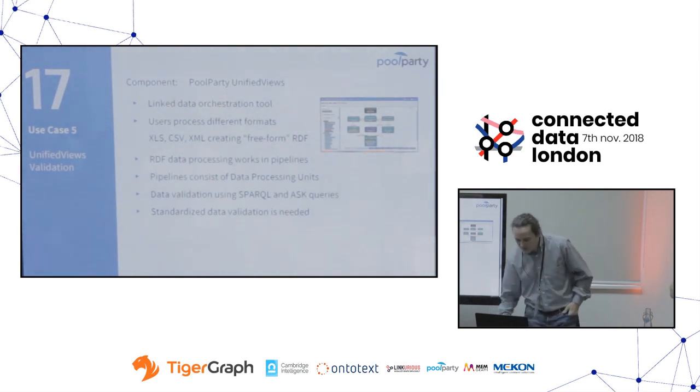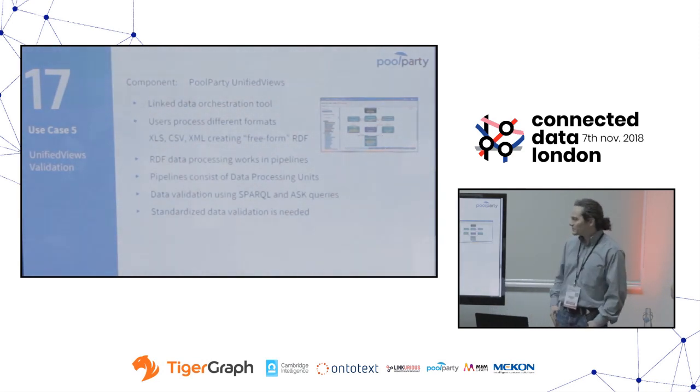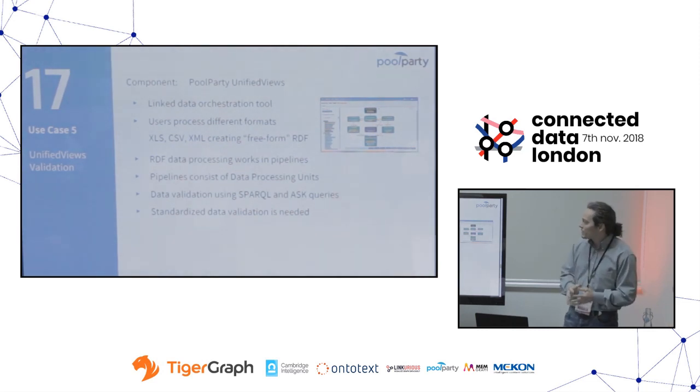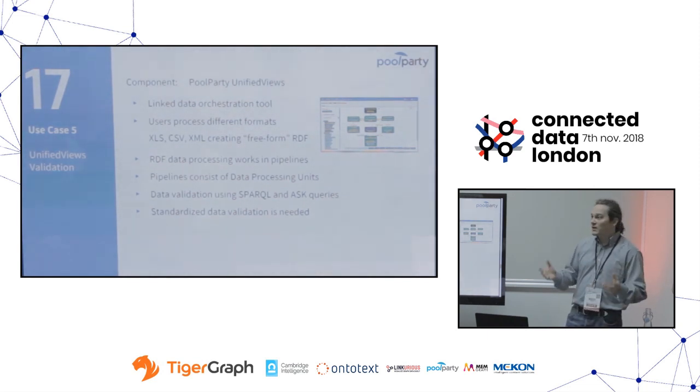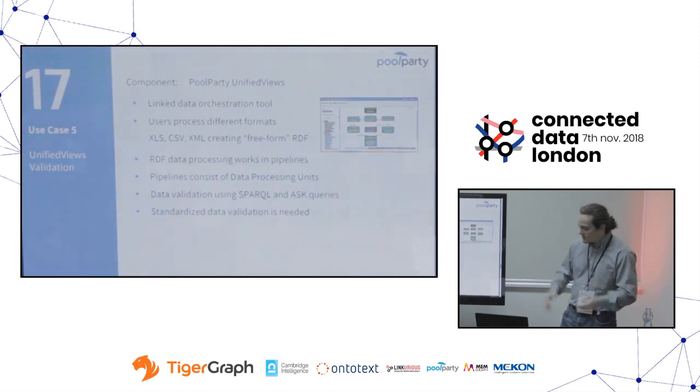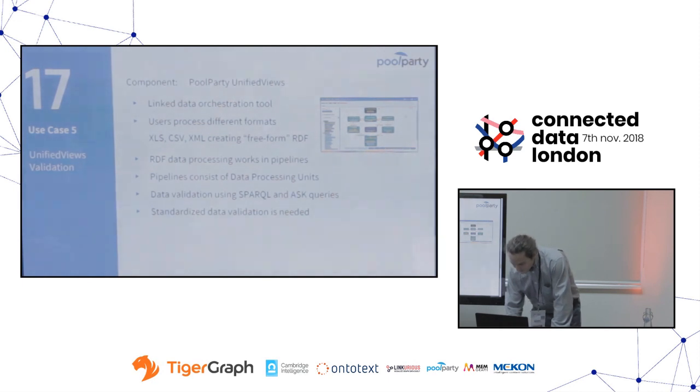Yeah, so the next use case is for unified views, our data orchestration tool, where we can process streams of data and pipelines. This is basically about processing annotated scientific articles, where we process large amounts of these documents.